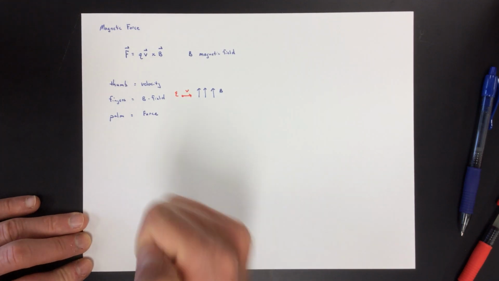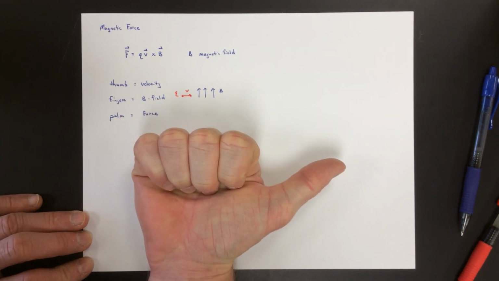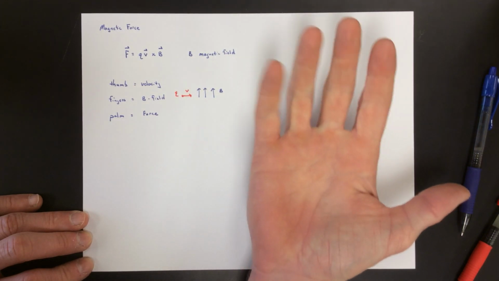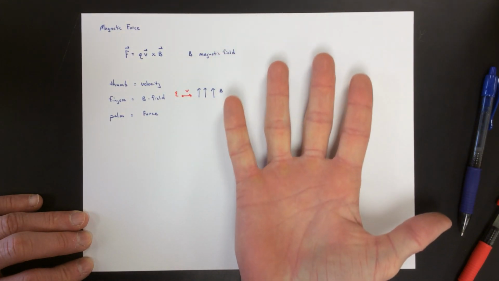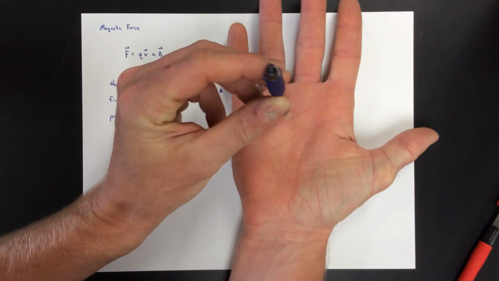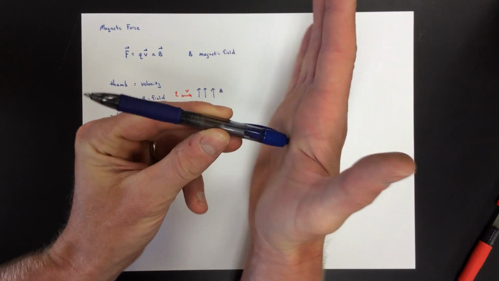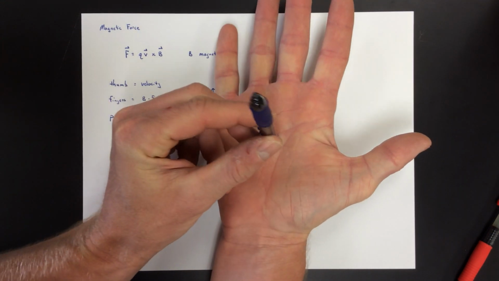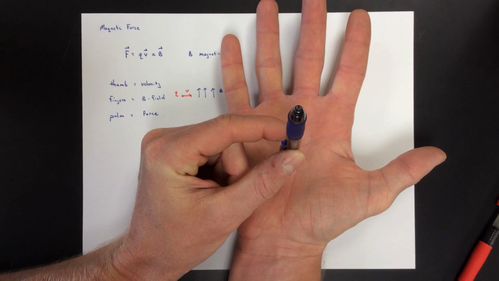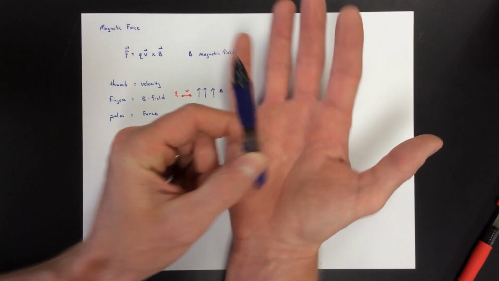Okay, so point your thumb in the direction of the velocity. The thumb would be pointed to the right of the page. Point my fingers in the direction of the B field, so my fingers are pointing up the page. And then my palm, and again, it's the normal vector to my palm, is in the direction of the blue pen now, and that's out of the page.